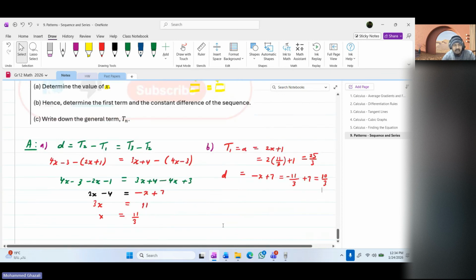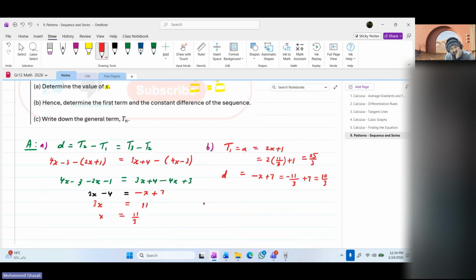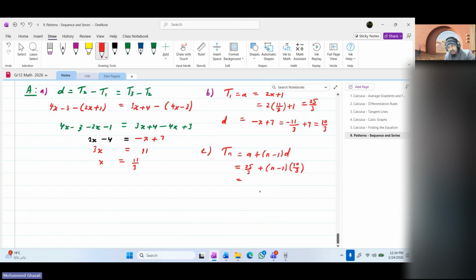So problem solved. Write down the general term Tn. That's easy. Tn is equal to a plus (n minus 1)d. That is 25 over 3 plus (n minus 1). What is d? d is 10 over 3. So you just need to add up everything. This is 25 over 3 plus 10 over 3 n minus 10 over 3.